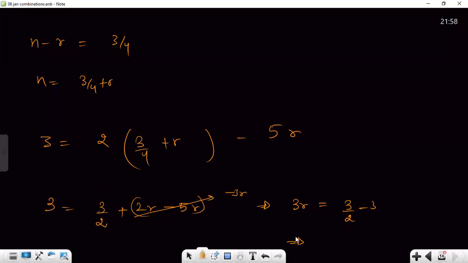Are we making any mistake? I suspect so. Let's divide it. Yes, we are up to a mistake, because r cannot be negative. Let's recheck.